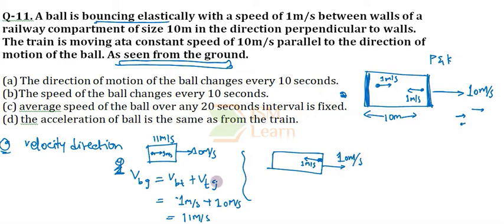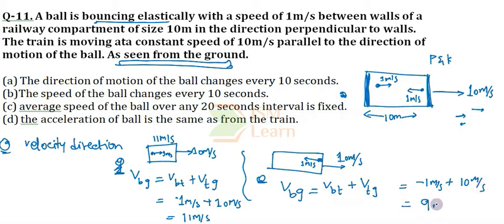The velocity of the ball with respect to the person on the ground becomes velocity of ball with respect to train plus velocity of train with respect to ground. Here the velocity of the ball with respect to the train is in the leftward direction, so it is minus 1 meter per second plus 10 meters per second. The overall velocity is plus 9 meters per second.